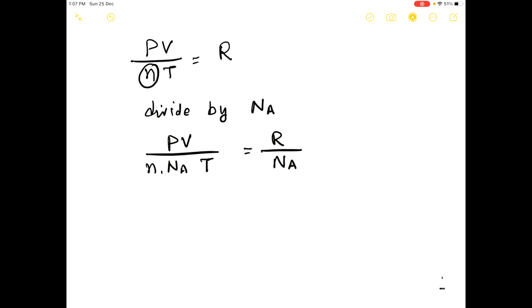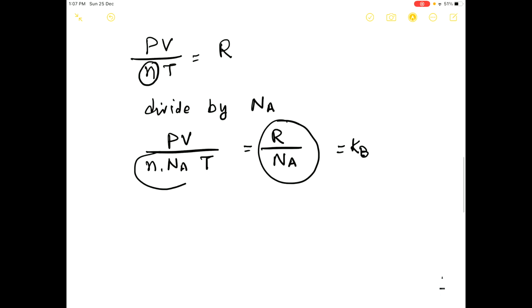This R by Na is called Boltzmann constant. Then our gas equation becomes PV divided by NT is equal to Kb.